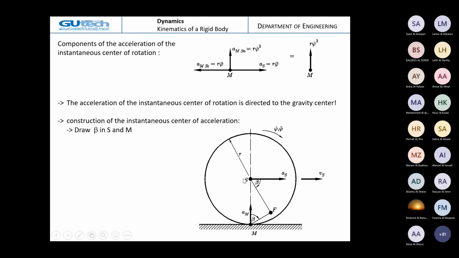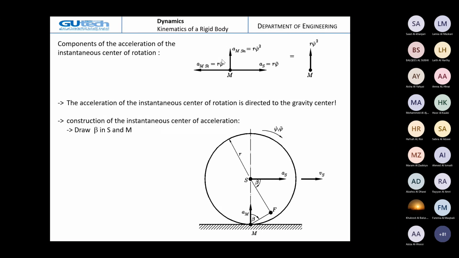We have AS, we know its direction and its magnitude. We have AM, the center of rotation, and its acceleration. The magnitude has two components: the normal one and the tangential one.